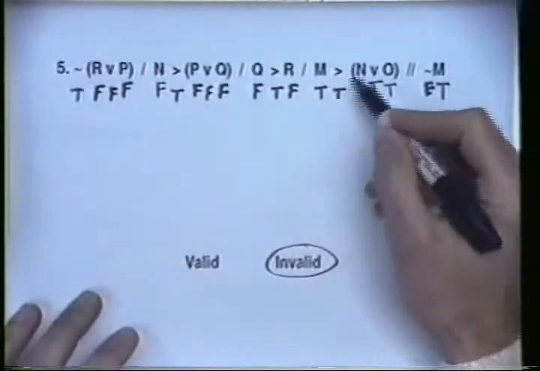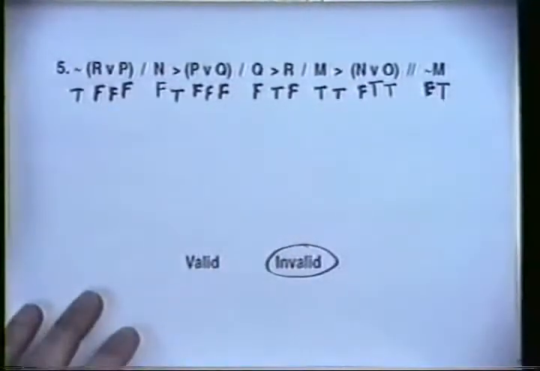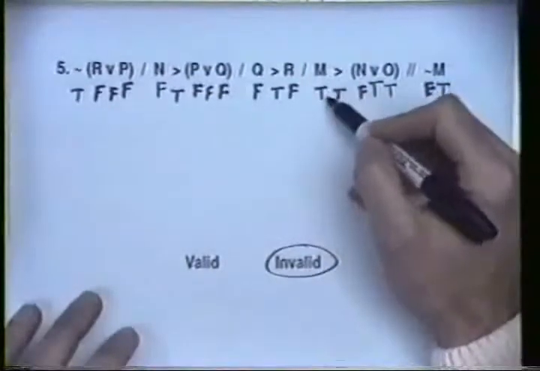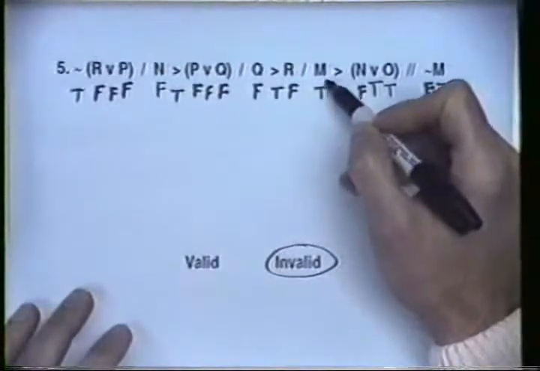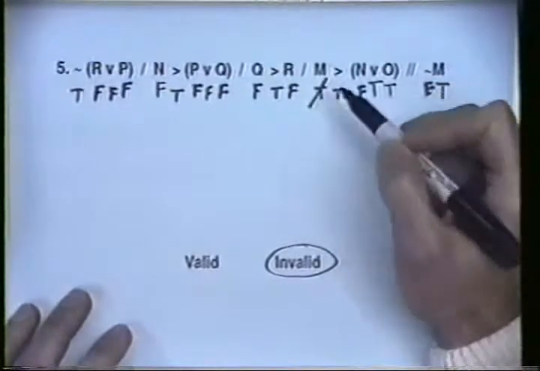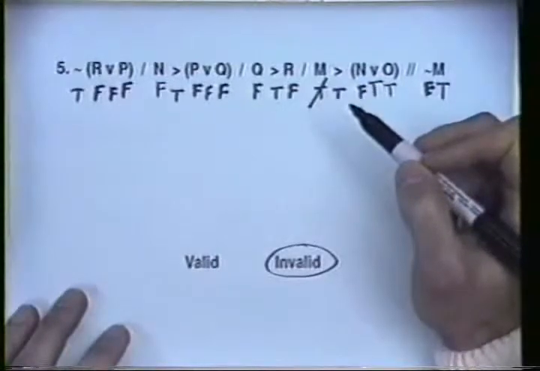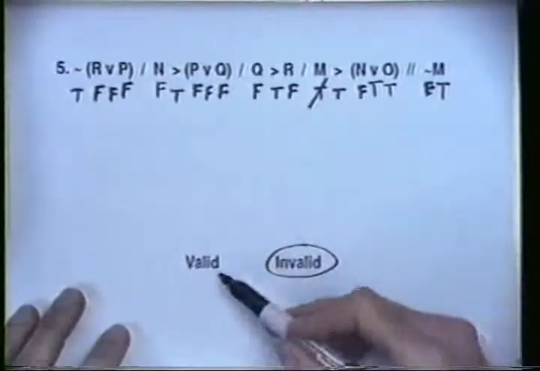If it needed to be true in order to make the entire premise true, then we couldn't assign it false, and therefore we would be stuck, as it were. When you're stuck, when you can't assign it, you place a slash through the truth value that is impossible, and you then know that the argument is valid.